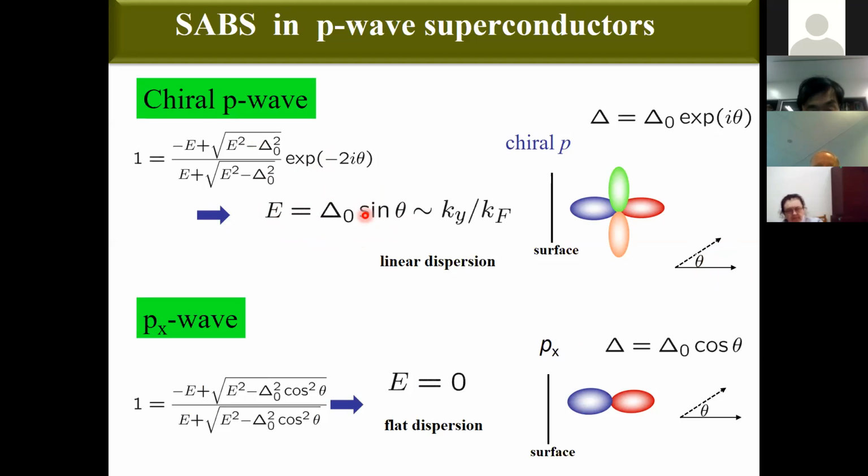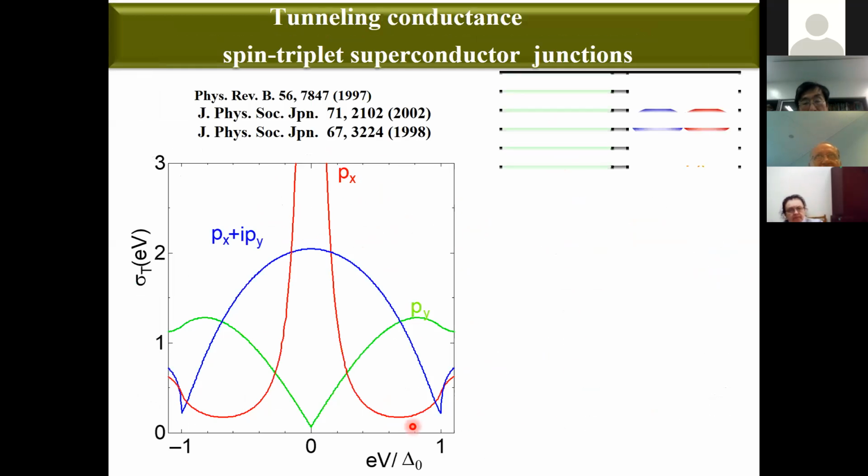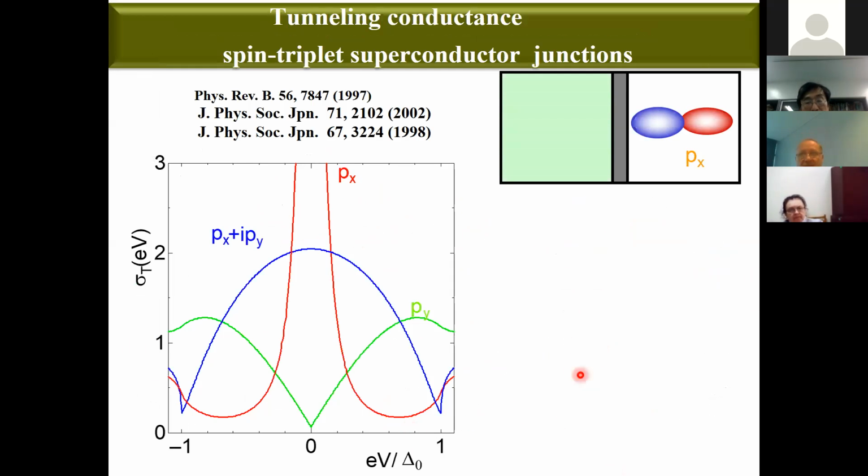It is proportional to sine theta, which means it is proportional to the momentum ky parallel to the surface. On the other hand, for the px-wave, I already mentioned that it has a flat band zero energy state. If we calculate similarly to the spin singlet case, it can be done very easily. For the px-wave case, there is a sharp zero bias conductance peak.